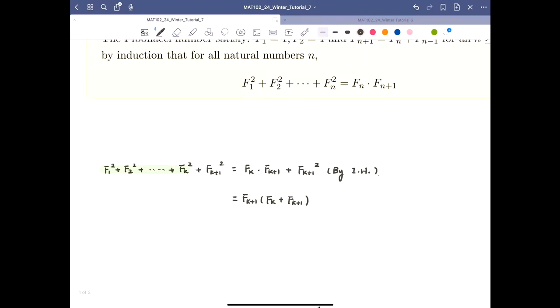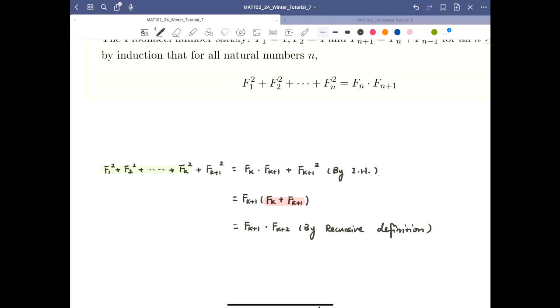What is this equal to? Fk+2. That's correct. So this part is Fk+2. This is by the definition. And we're done. That's all I need to do for induction.